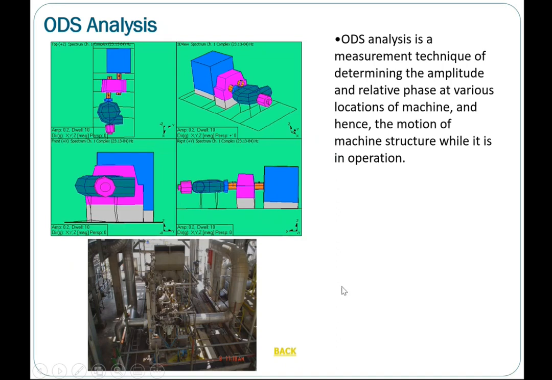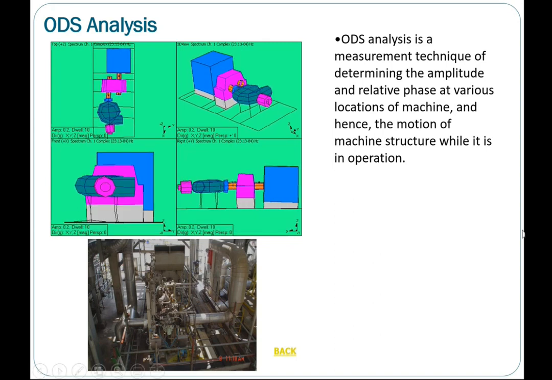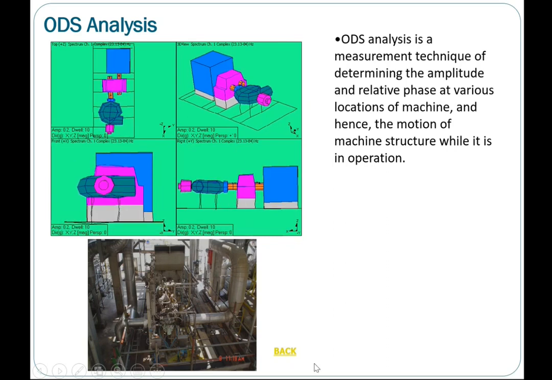So that gives us a sense of how this machine is vibrating: the directions, the shapes, and where the highest vibrations are. So you know that it is here. And how high is it? You can also know it because you are measuring the absolute vibration amplitude at each particular point. You are covering the entire machine.